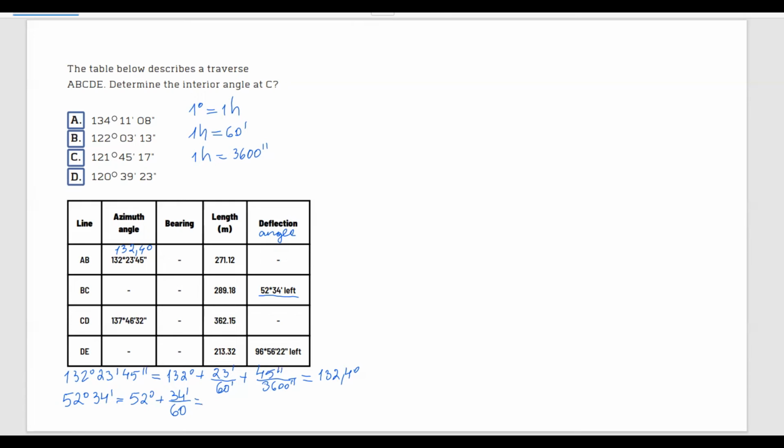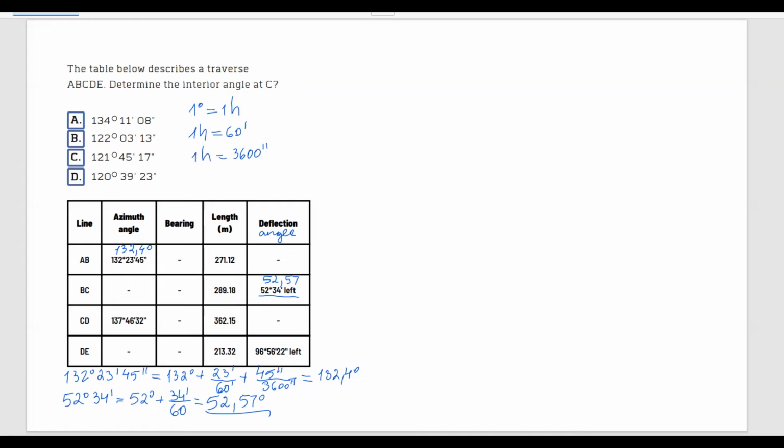Let's see how much that is. I get 52.5666, so I will round it up like this, 52.57 degrees. Let me write down here 52.57.